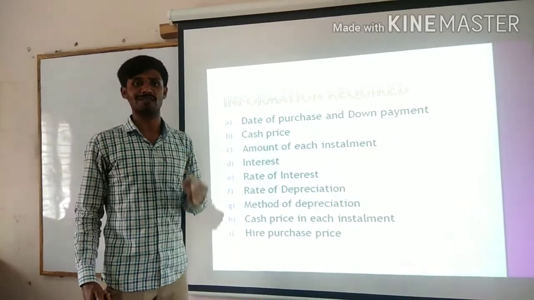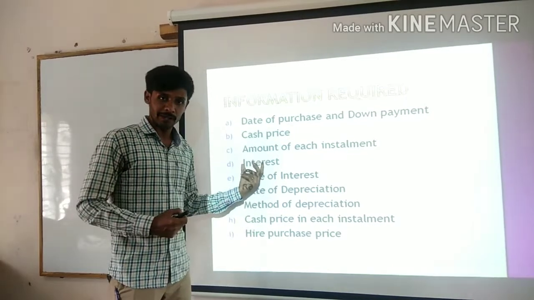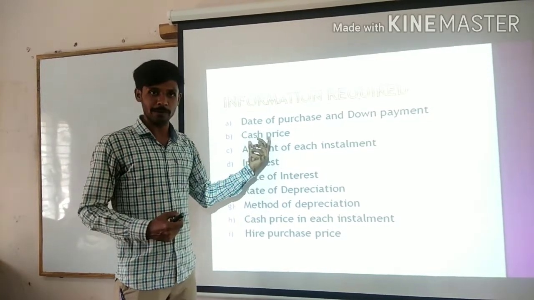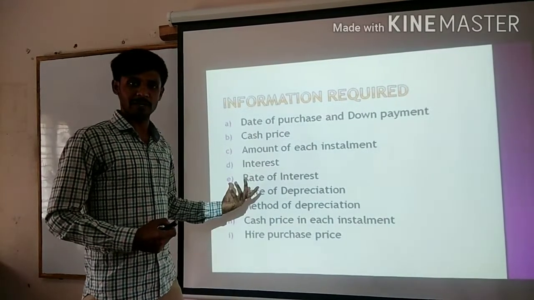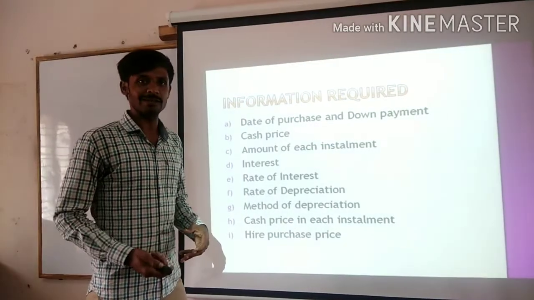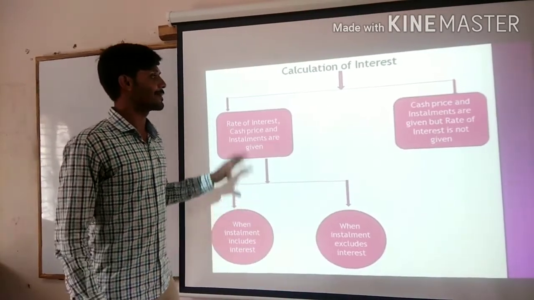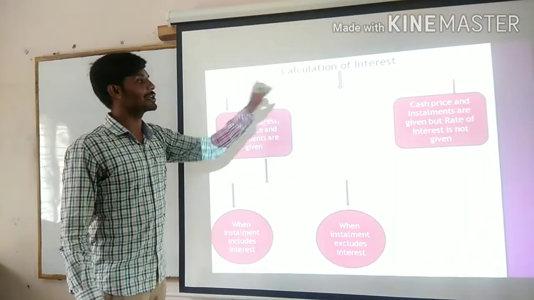Three major things we need to calculate in terms of solving practical problems. The first one, interest and also cash price. Next one is depreciation. Later on, we will pass the journal entries and prepare certain ledger accounts also. We will concentrate on the first thing, that is the calculation of interest. Here you can see the calculation of interest.